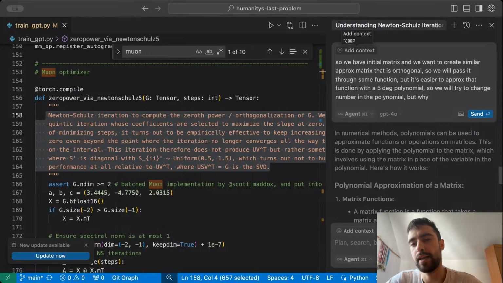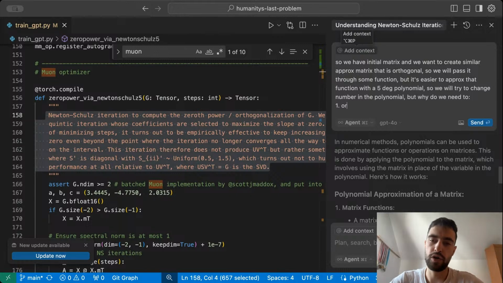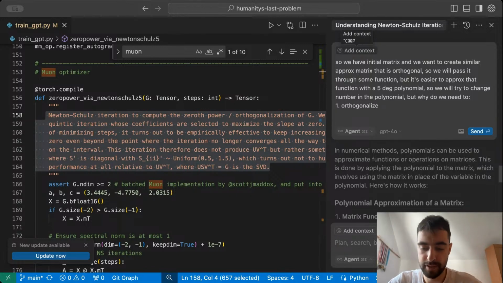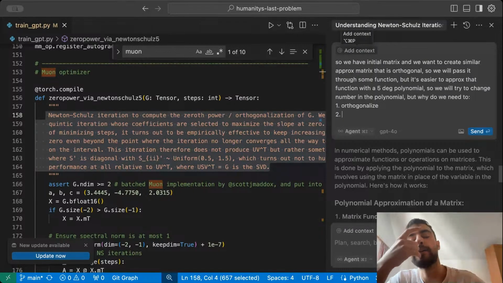But why do we need to first orthogonalize? I don't know how to spell this. What else?